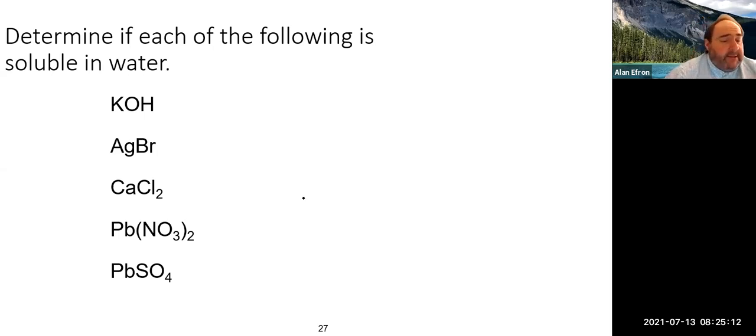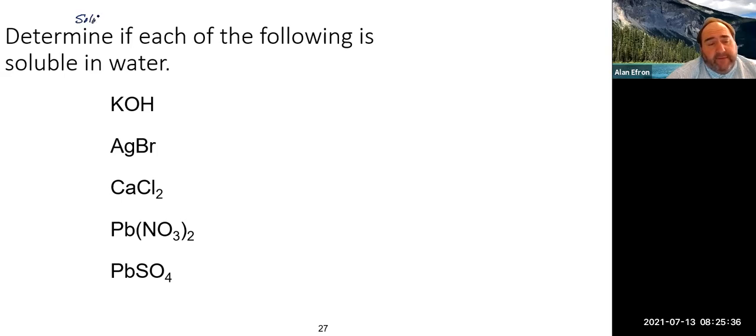Okay, so let's take a look here and remember that when you're looking at an ionic compound and solubility rules, you may not be able to find both things in the table. You may be able to find one thing, or you may be able to find both, but at least one of them should help you determine whether something's going to be soluble or insoluble.